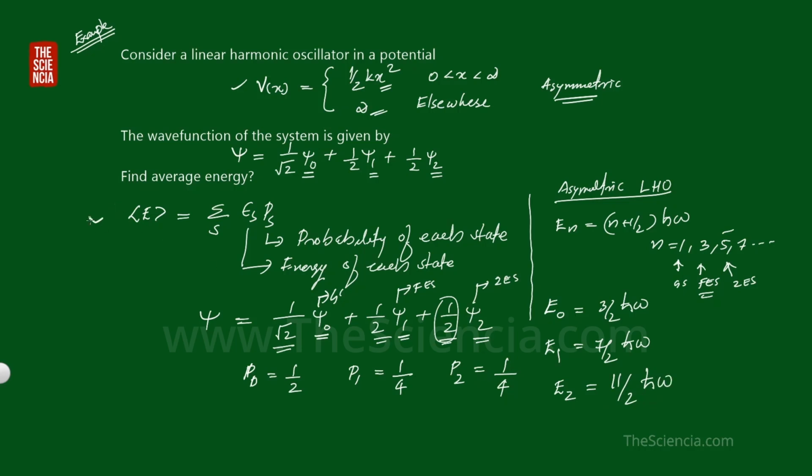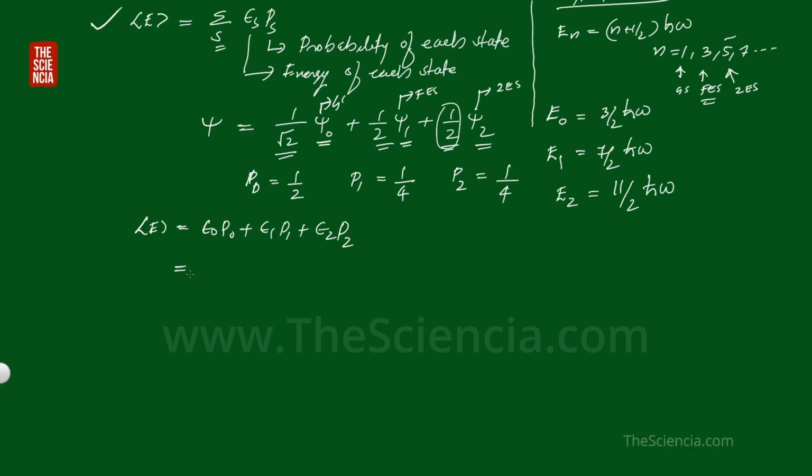Now we can substitute all these values in the expression. The expectation value of E is equal to E0 P0 plus E1 P1 plus E2 P2. Substituting, E0 is 3 by 2 h cross omega into P0 which is 1 by 2, plus E1 is 7 by 2 h cross omega and P1 is 1 by 4, plus E2 is 11 by 2 h cross omega into 1 by 4.